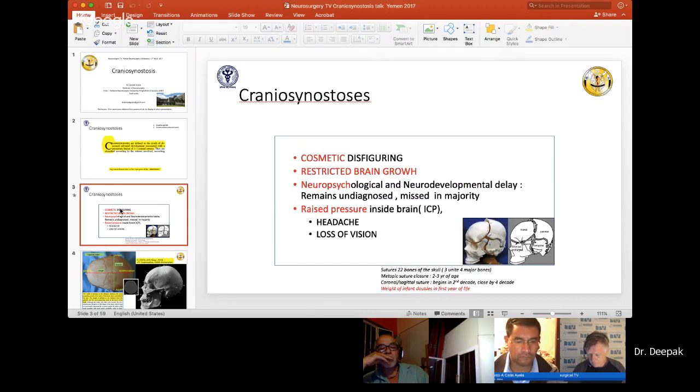Now, children who present to us with craniosynostosis commonly come with cosmetic disfigurement, abnormal head shapes, abnormal shape of the skull or of the face, or some abnormalities of the fingers and the toes in syndromic variants. They have restricted brain growth, and on detailed neuropsychological evaluation and neurodevelopmental assessment, most of them are actually undiagnosed and missed.